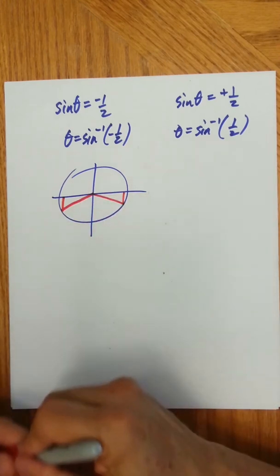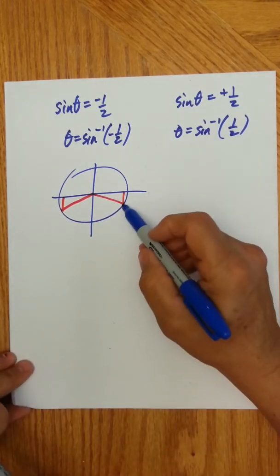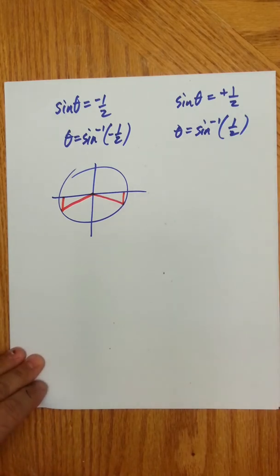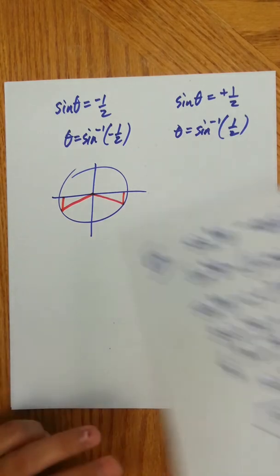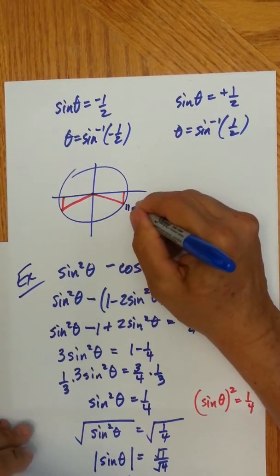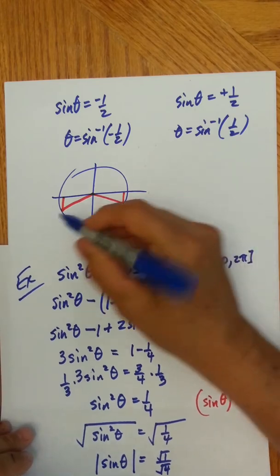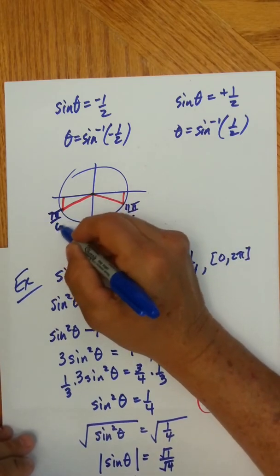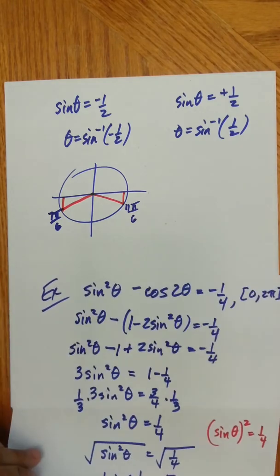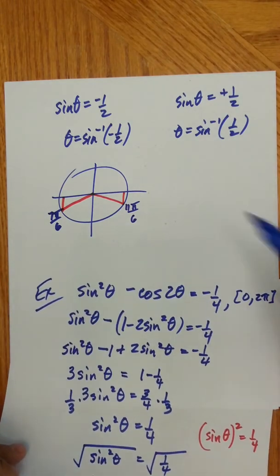Technically your calculator would give you negative pi over 6. However, we were asked to solve this between 0 and 2 pi, so I would also call that 11 pi over 6, and this would be 7 pi over 6. Here I'm capturing solutions that the calculator would not give you, so that's where your knowledge of the unit circle comes in.